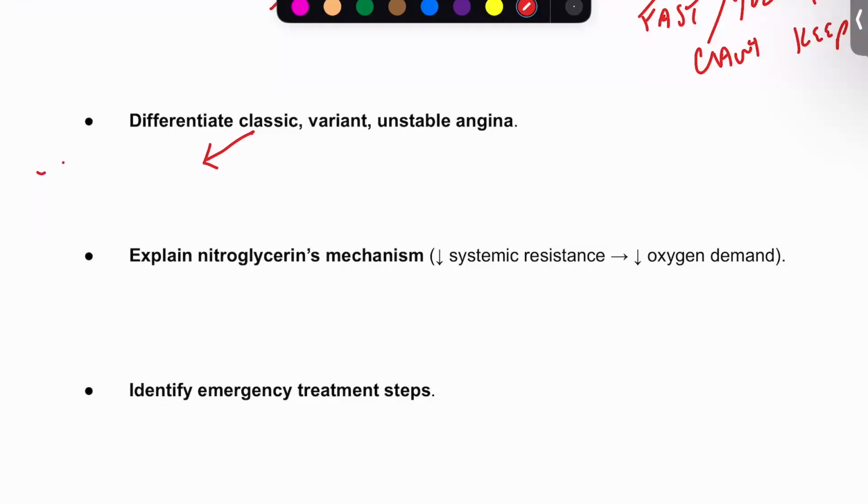This is triggered by things like stress, exercise, any kind of increased workload. It's a very predictable pattern, and it's caused whenever you have that increase in myocardial oxygen demand. And this is going to be relieved by either rest or a good dose of nitroglycerin.